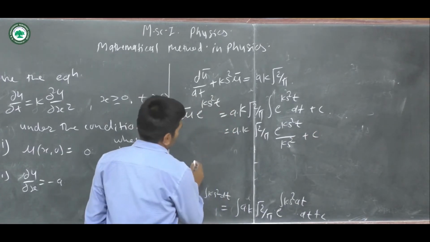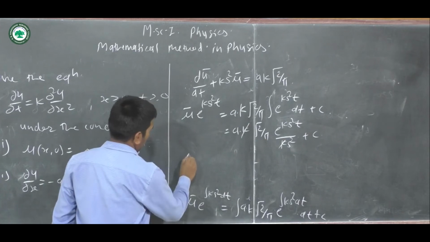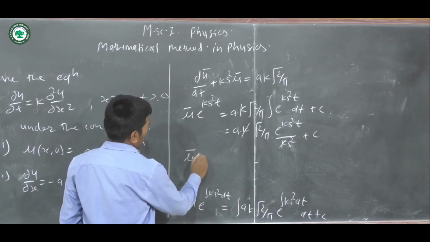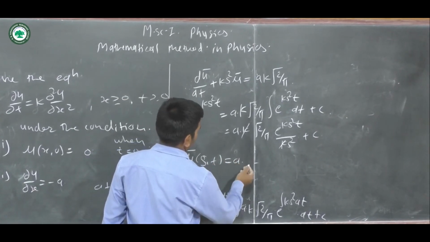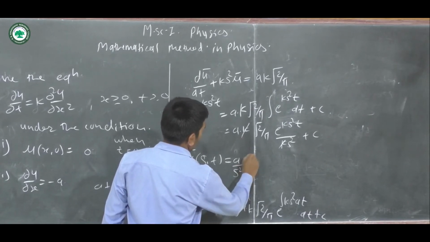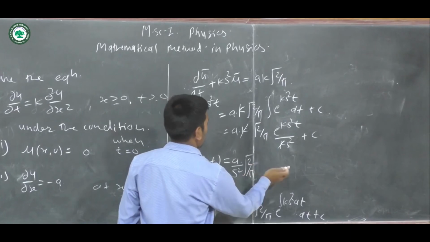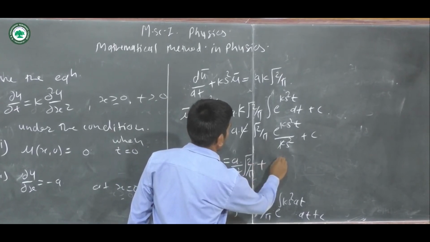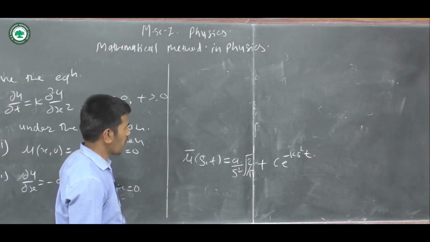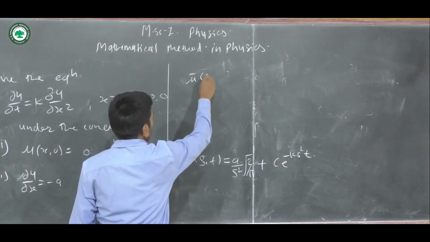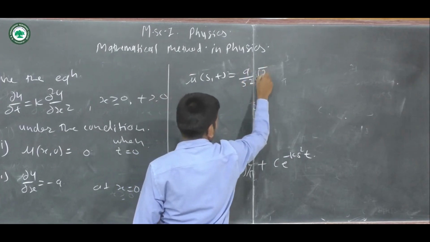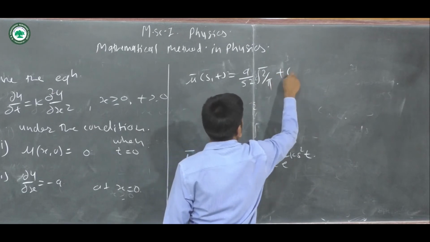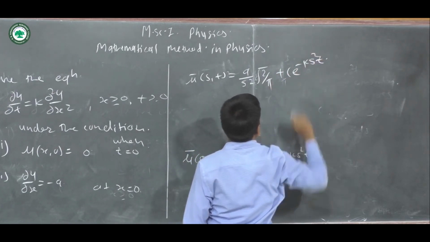Okay, and this k will cancel out, and the final solution, that is u bar as a function of s and t, is equal to a by s square under root 2 over pi plus c into e raised to minus k square t.